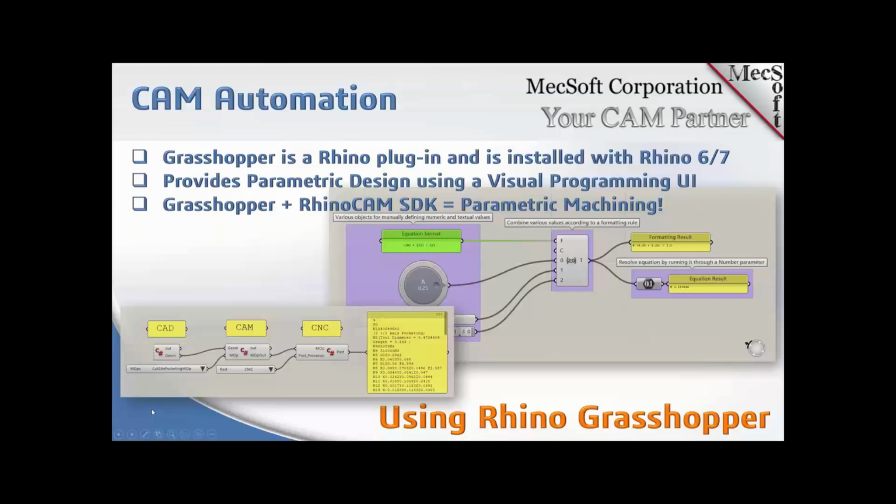So what that means is, instead of actually programming the logic of your program, you can do visual programming, which makes programming a little bit easier. And since there are built-in components that you can drag and drop, a lot of those programming tasks can potentially be fully automated using Grasshopper.